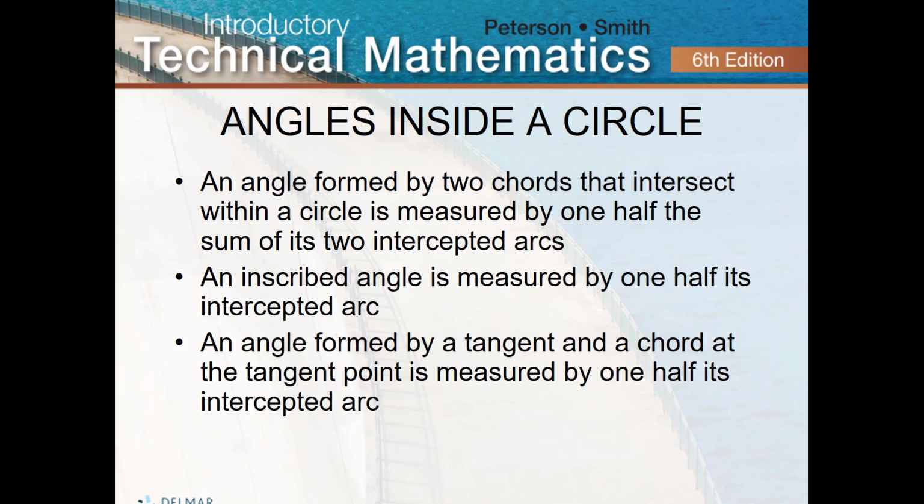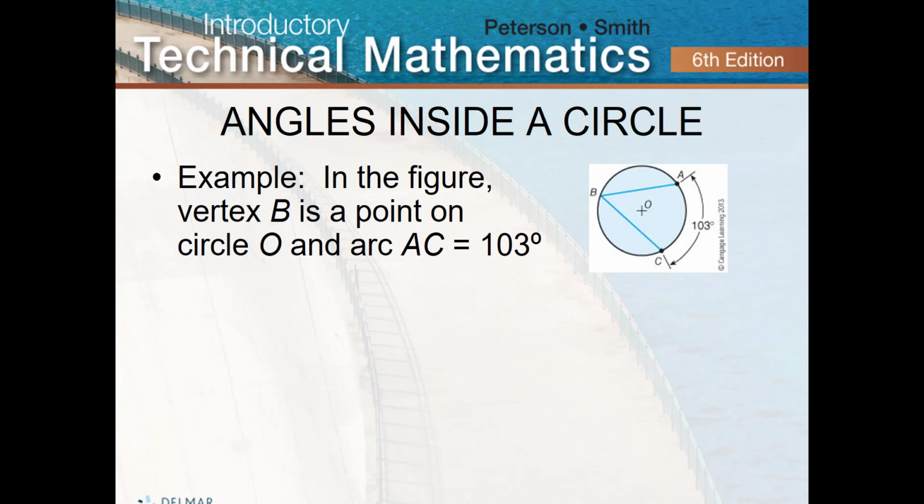Angles inside a circle. An angle formed by two chords that intersects within the circle is measured by 1/2 the sum of its two intercepted arcs. An inscribed angle is measured by 1/2 its intercepted arc. An angle formed by a tangent and a chord at the tangent point is measured by 1/2 the intercepted arc. All right, so let's take a look at that. So, inscribed angle right here, B. All right, and we've got 103 degrees on the outside.